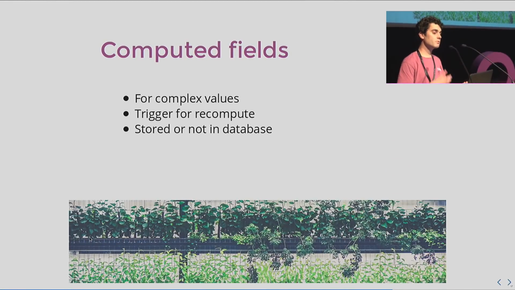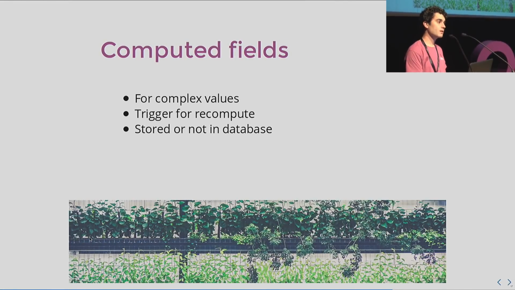Okay, so now it's getting interesting. We can already have some basic interactions, modify some fields on the fly and things like this, but it's still a bit heavy for some complex values. Let's say on an invoice, you would like to display the total of your invoice.